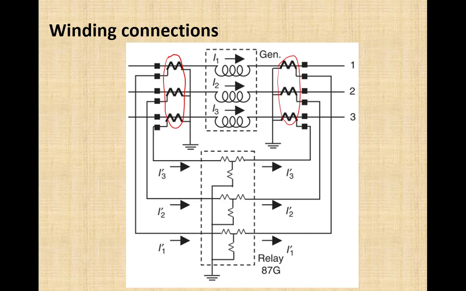Then the dotted ends of the two sides will be connected with each other and the undotted ends will be connected with each other. So you can see here phase 1 is connected with phase 1, phase 2 with phase 2, phase 3 with phase 3. The CT ratio on both sides will be exactly the same, and in this way only the difference current or spill current will be able to flow towards the differential branch.